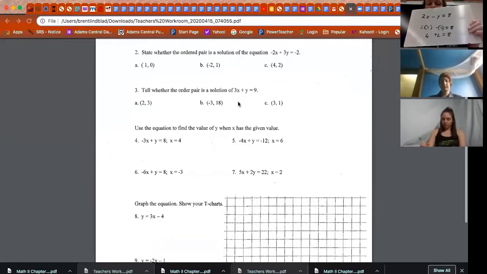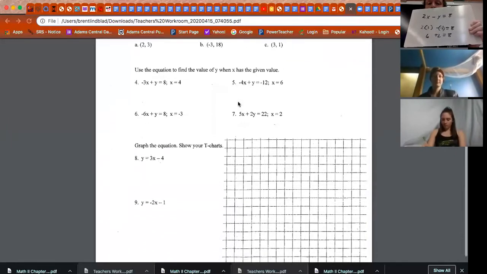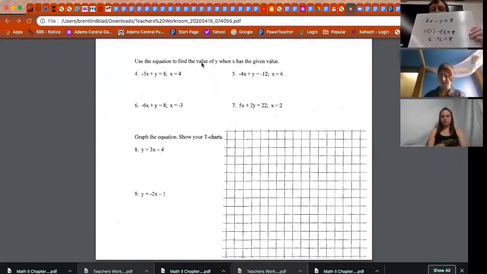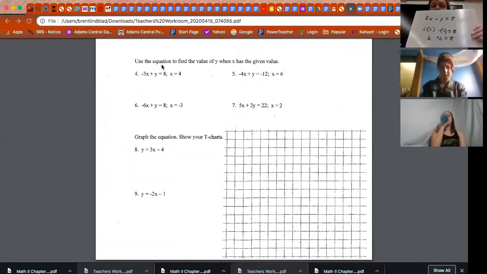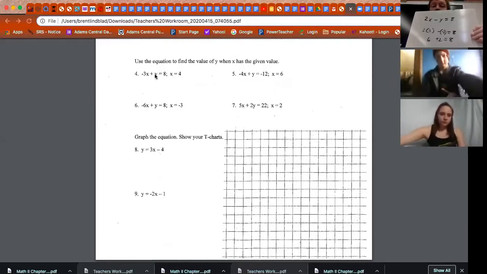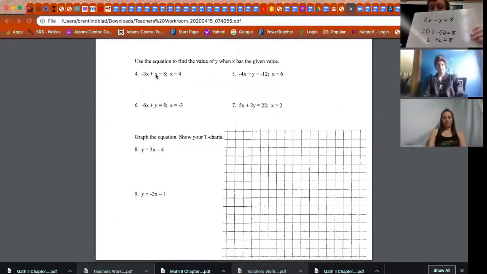Moving on. After 2 and 3, we're going to go down to 4 here. Very similar in nature, except they're only going to give us one value, and you have to solve for the other. So here's the instruction. It says, use the equation to find the value of y when x has a given value. Basically, they're saying, if x is this, what's the answer to y?